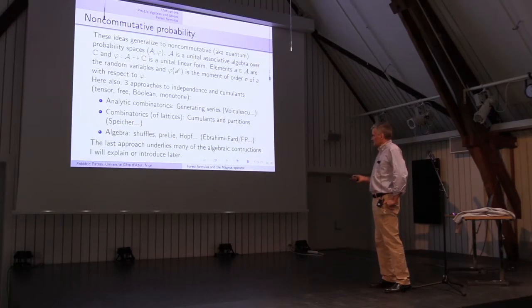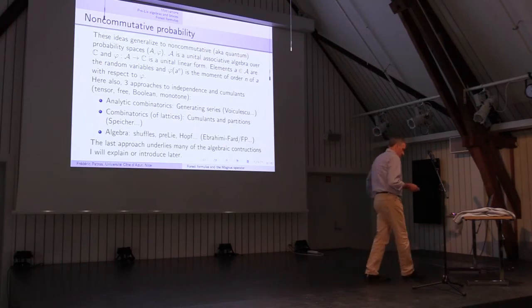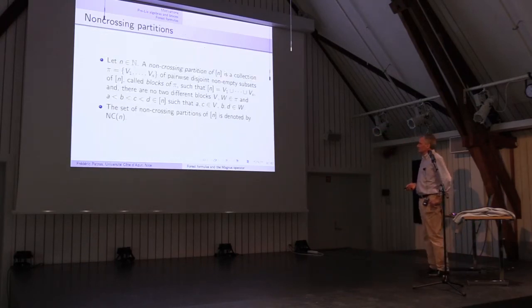The notion of shuffle has to be extended. It's not exactly the one I described. But anyway, there's a purely algebraic approach to non-commutative probability that we developed for about 10 years with Kurusch Ebrahimi-Fard. And this approach is going to underlie many of the constructions I'm going to discuss later.